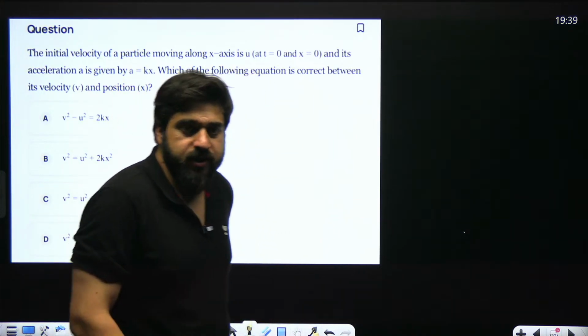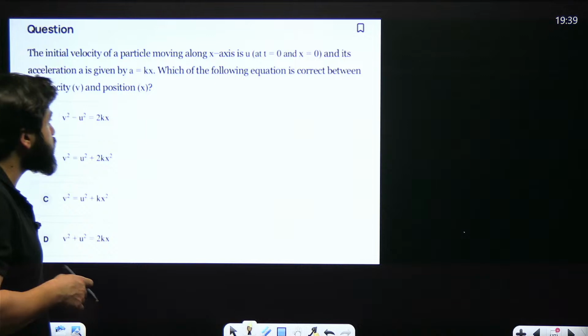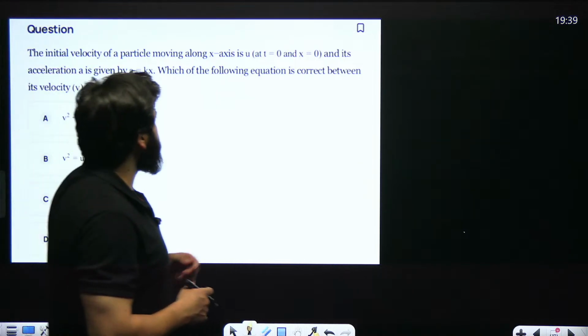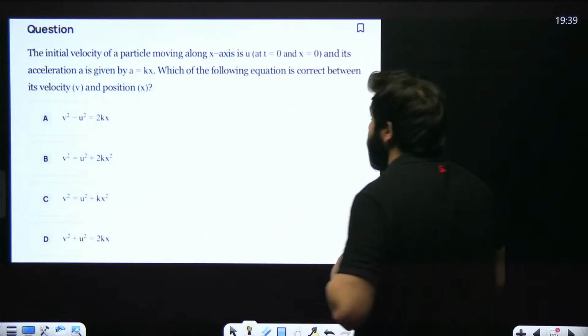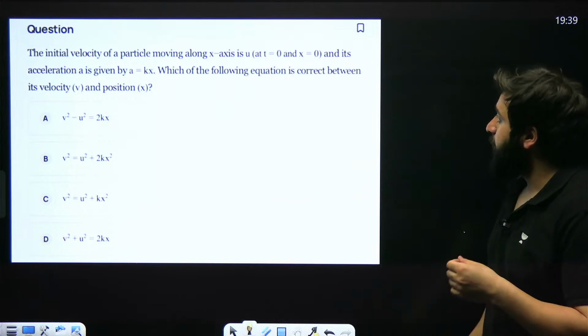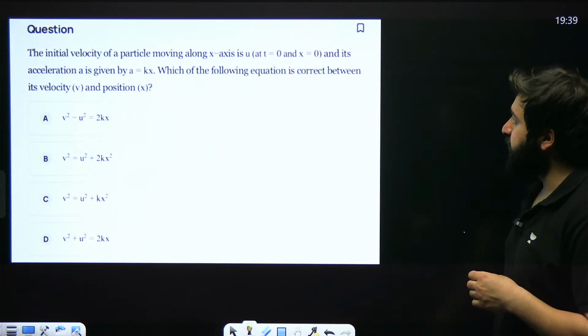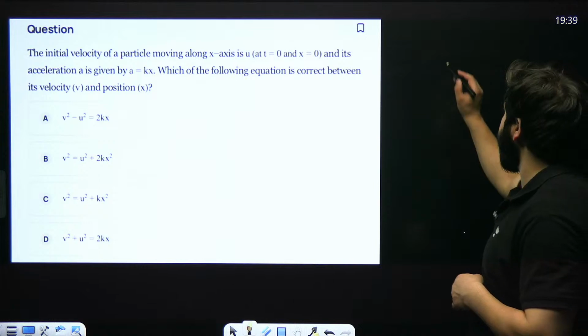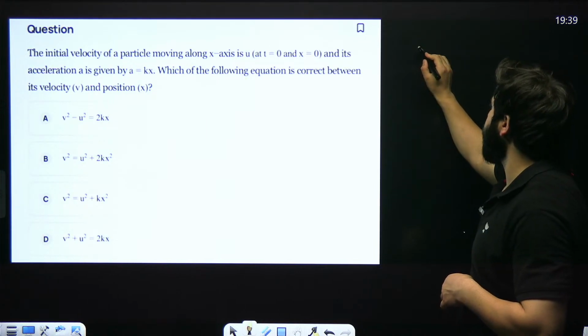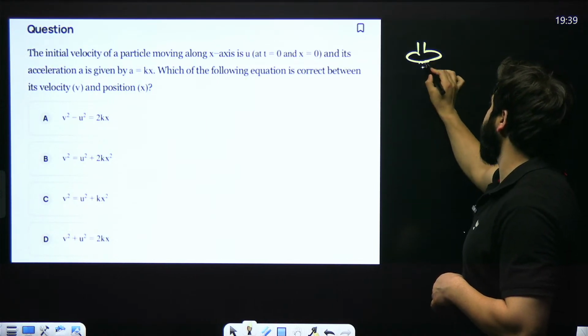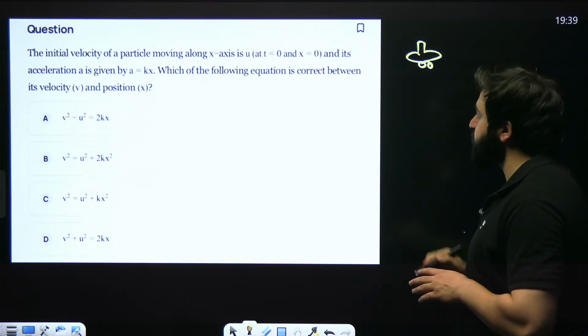We have got this question over here. The initial velocity of a particle moving along x-axis is u, and its acceleration is given as ax. There is a particle which is moving. Let's suppose this is the particle which is moving along x-axis.